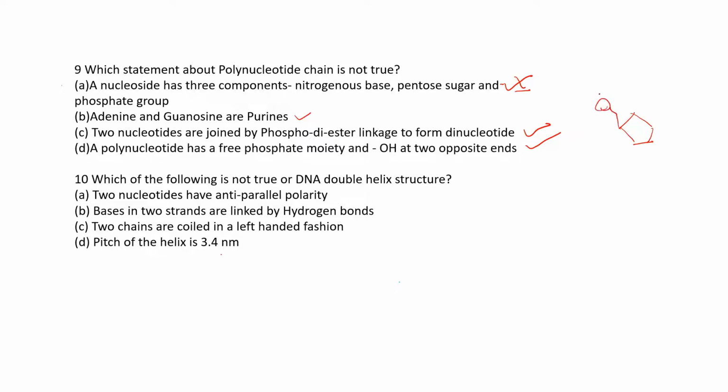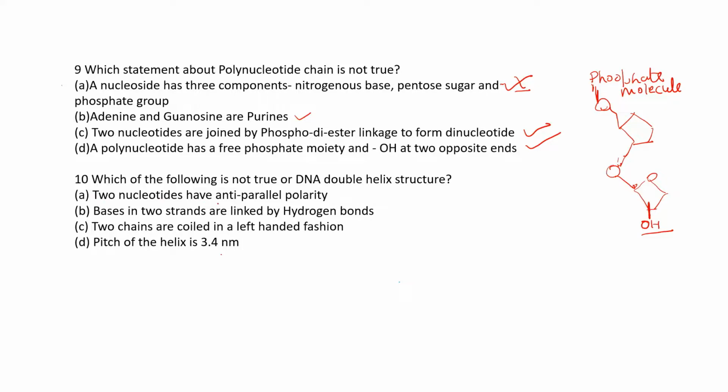And this is the phosphate molecule here, and then it is again attached to the phosphate, and again like this. So this chain continues, and at the third position it has a free hydroxyl group.